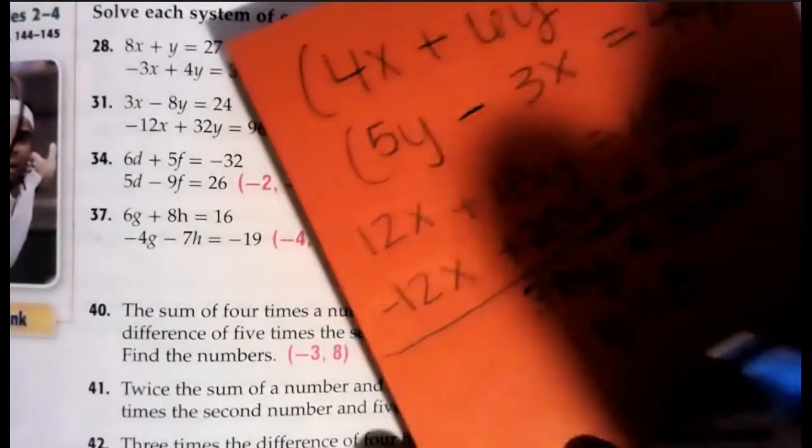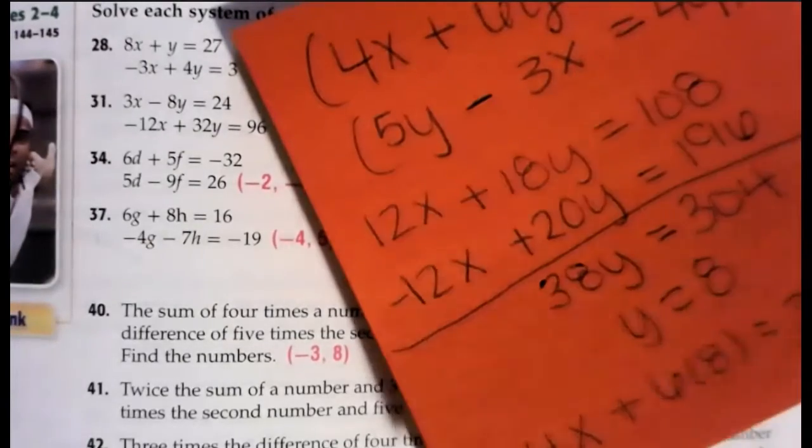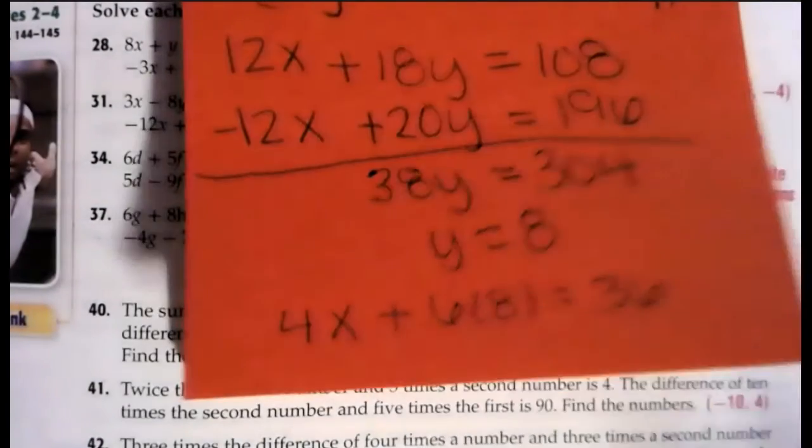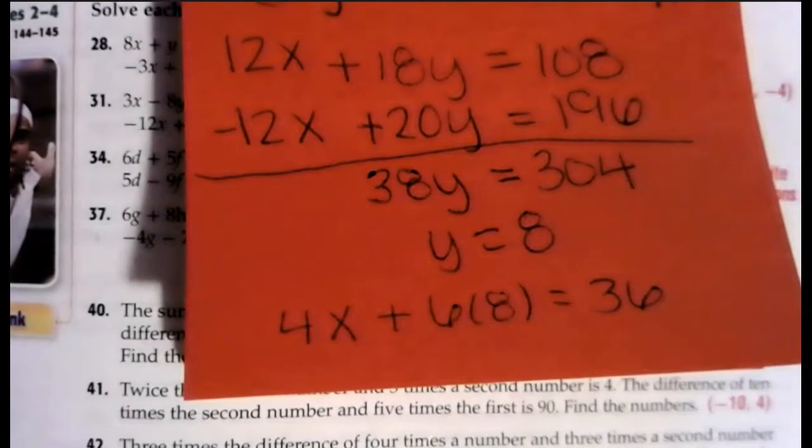And then to get the first number, you plugged that back in and solved for x. So you would have had 36 minus 6 times 8, which gave -12.